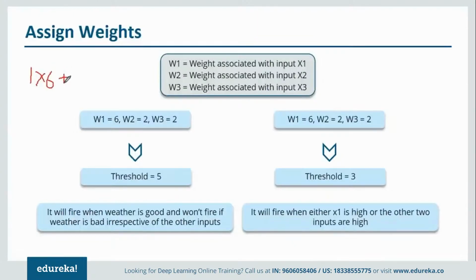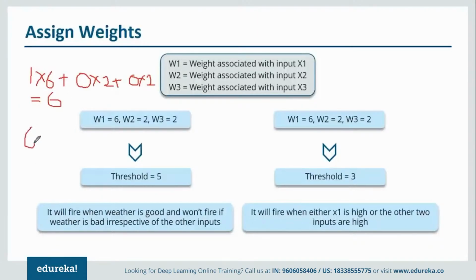Then, if my wife decides to stay at home, probably busy with cooking, and she doesn't want to drink beer with me, so she's not coming, that input becomes 0. 0 into 2 makes no difference because it will be 0 only. Then again, there is no public transport available either, so this will also be 0 into 2. So what output do I get here? I get 6. And notice the threshold value, it is 5.